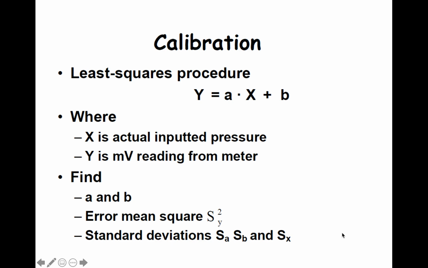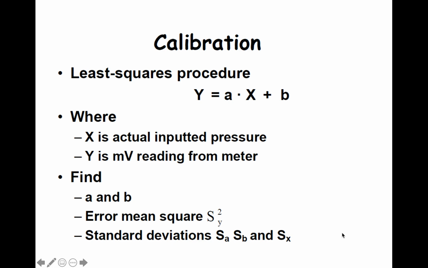We start with the original linear relation equation introduced earlier, with some typical least squares procedure, including finding A and B, calculating the error mean square, Sy squared, and the standard deviations Sa, Sb, and Sx. This example is on page 3-7 in the course packet.